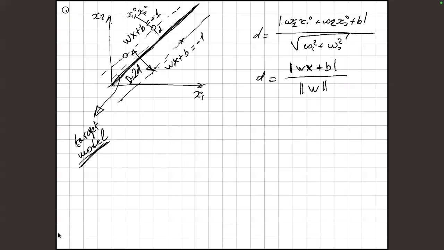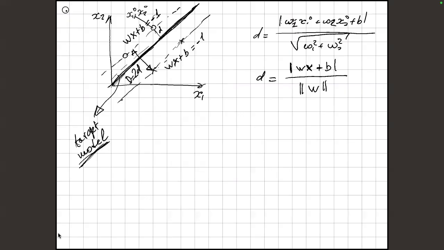Now look at this distance formula and how we define the whole problem. That is where I think the beauty of SVM comes in: assigning a number to the positive and negative classes.